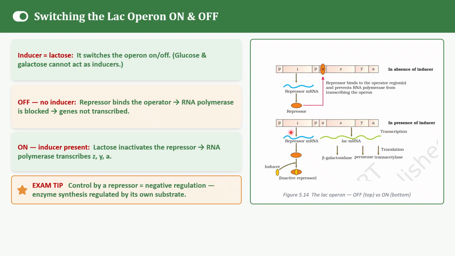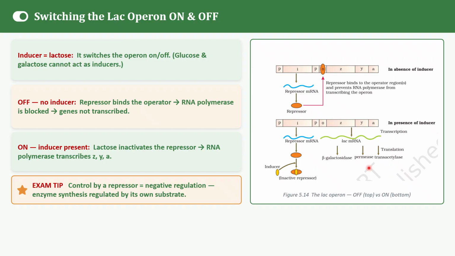So here lactose is present, and lactose or allolactose interacts with the repressor and the repressor becomes inactive. The operator becomes free and the RNA polymerase transcribes Z, Y and A, and polycistronic mRNA is produced.